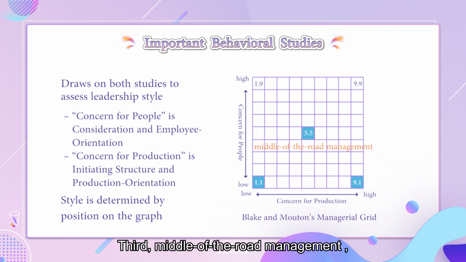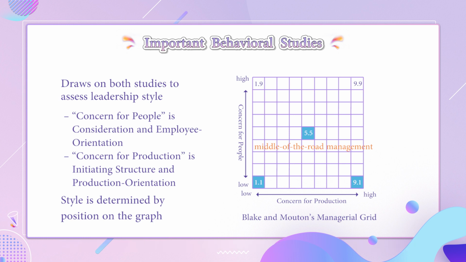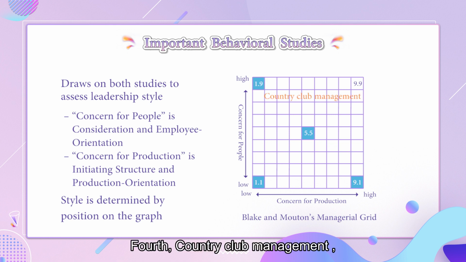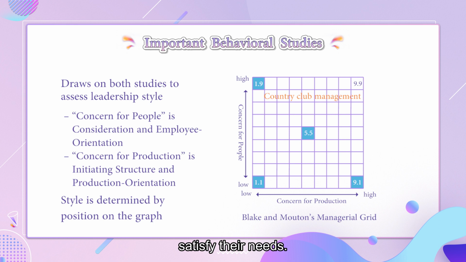Third, middle of the road management, which refers to the leader who shows middle levels of concern for production and people. Fourth, country club management, which refers to the leader who shows low concern for production but high concern for people. Being friends with them and making friends with them satisfies their needs.